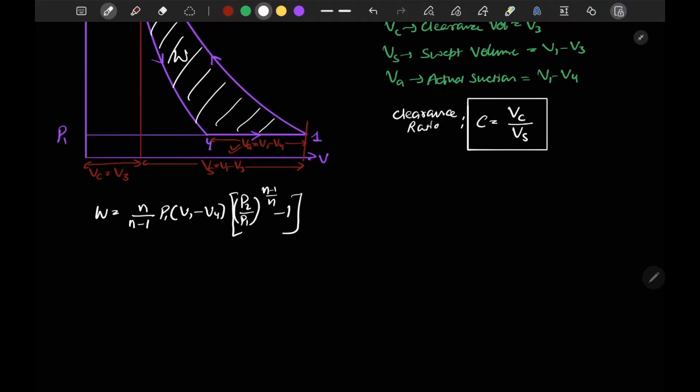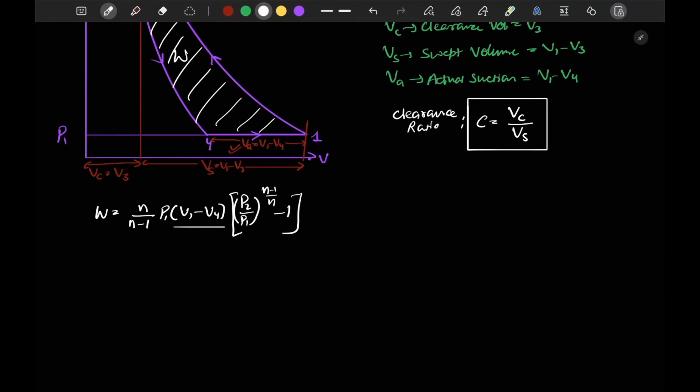This is our formula for work done, and we will see the derivation in our power plant subject. I won't be doing a derivation here. Your V1 minus V4 is your actual volume.